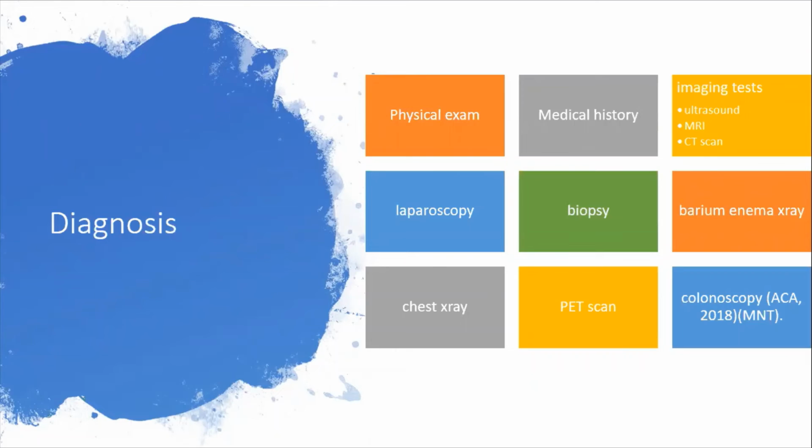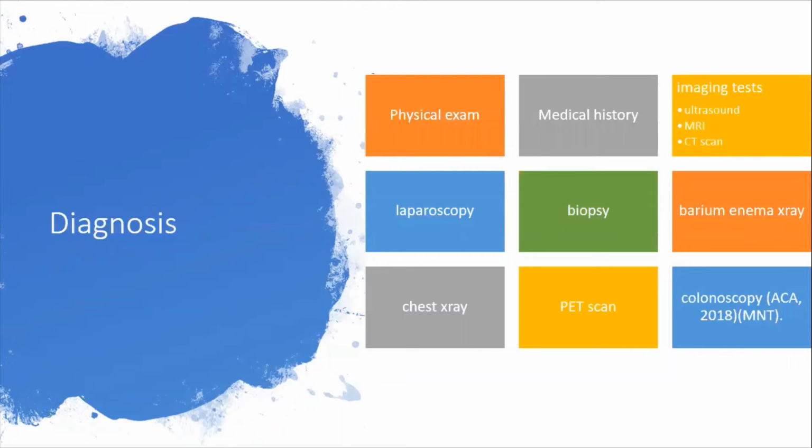Diagnosis. Diagnosis of any condition, including ovarian cancer, should begin with a physical exam and a medical history. Specific to ovarian cancer, testing done to diagnose ovarian cancer includes imaging tests such as ultrasounds, MRI, and CT scans to locate tumors around the ovaries.